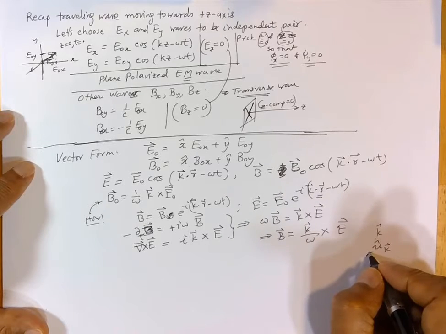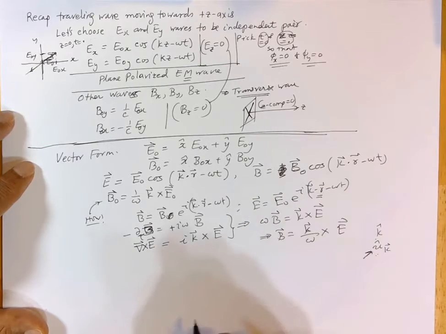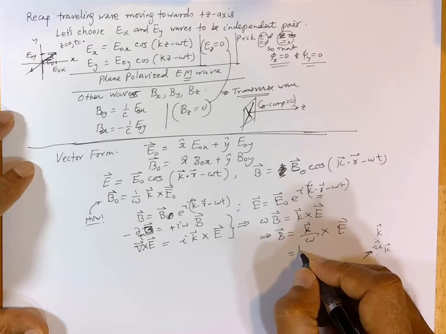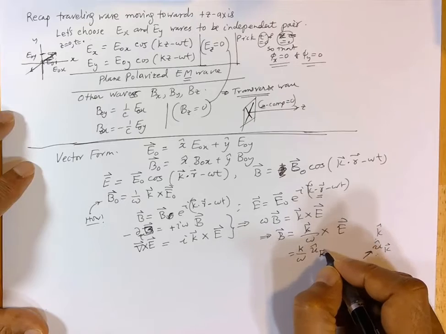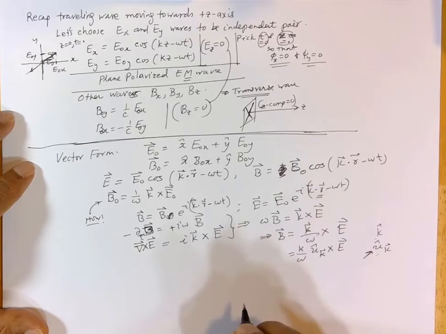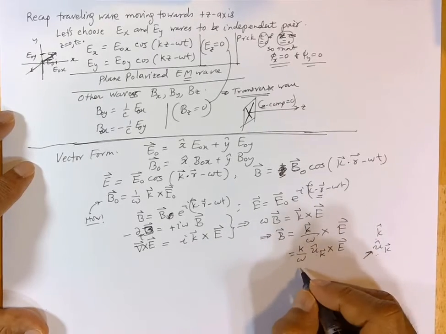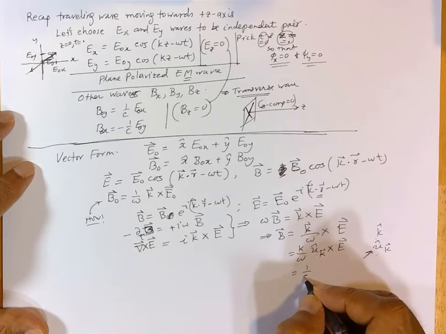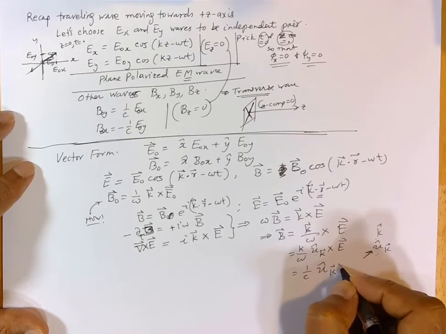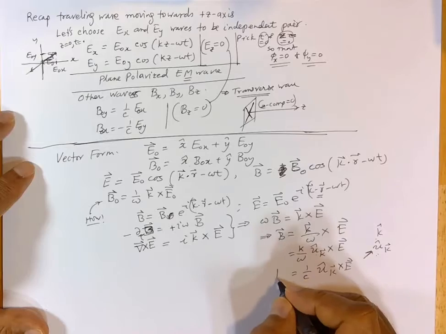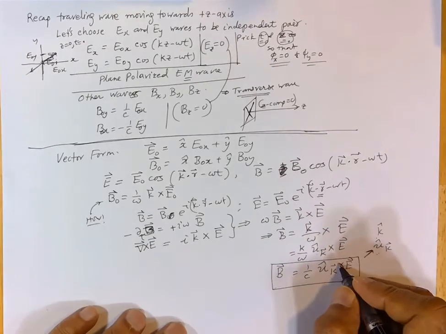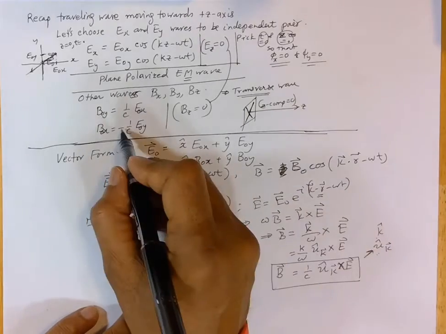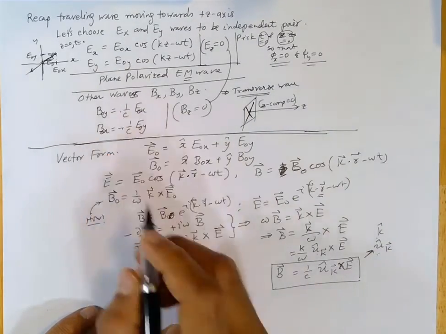That will be magnitude k over omega times u hat, the unit vector along the k direction, and this is just 1 over c u hat cross E. And the cross product is why you get a minus here and a plus there.